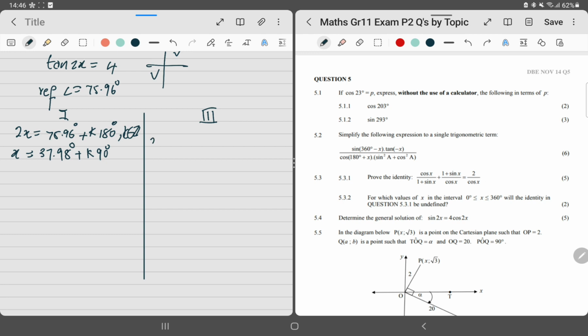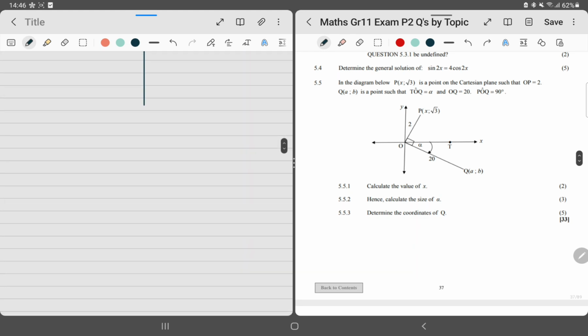And then in the third quadrant, 2x is equal to 180 degrees plus 75.96 plus k, it's 180, not 360, 180 degrees. So x is equal to 180 plus 75.96, and then we divide that by 2. So this is 127.98 plus k times 90 degrees.